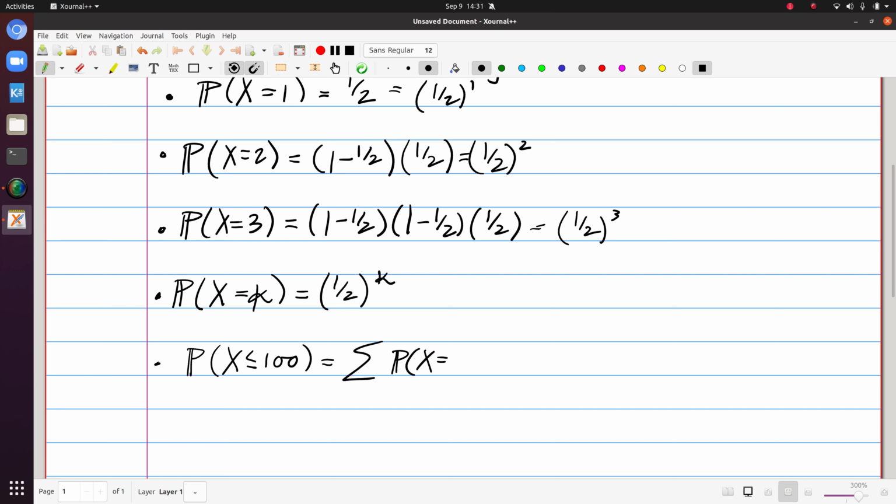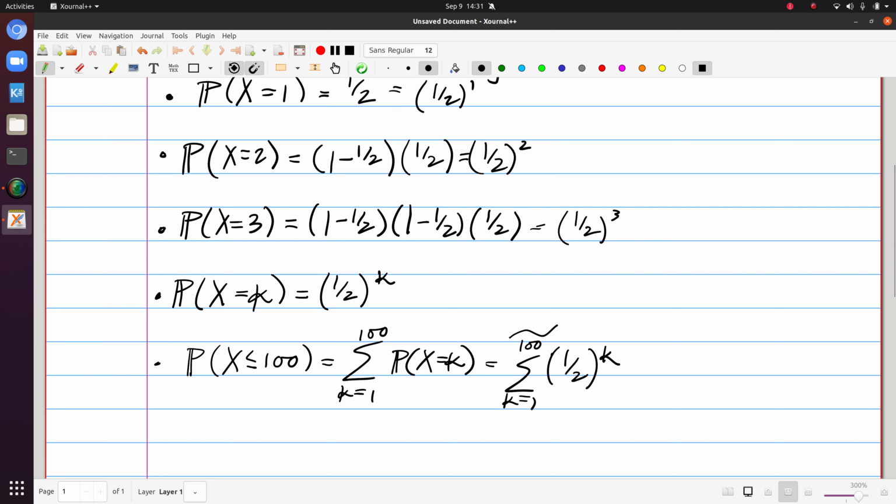So I can take the probability that x is equal to k and sum over the terms 1 to 100. In doing so, I would have then the sum from k equals 1 to 100 of 1/2 to the k.